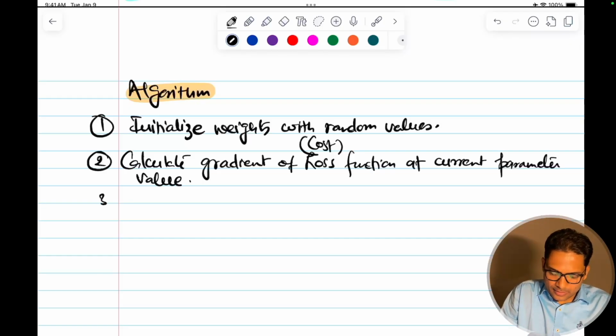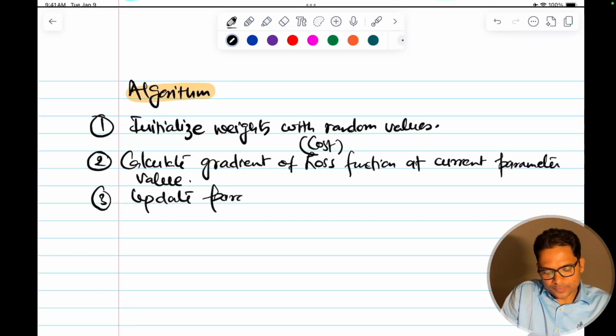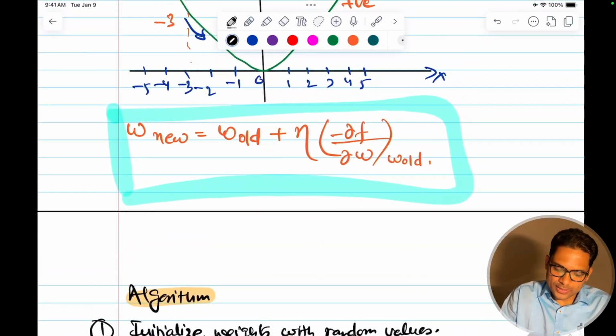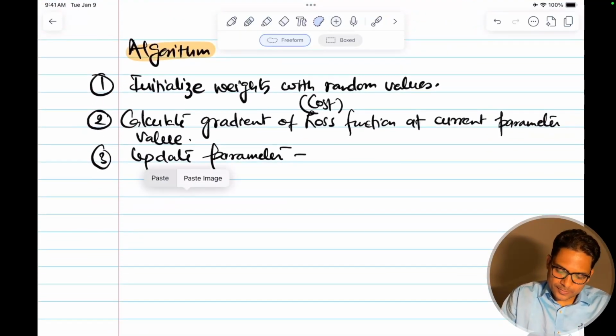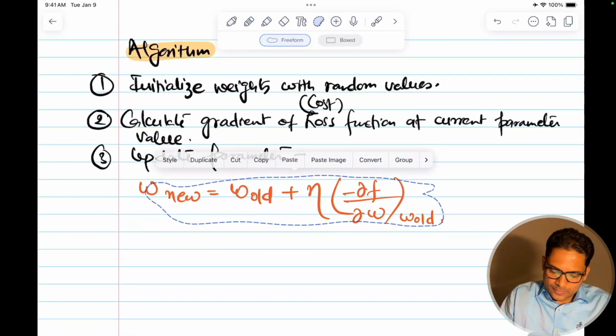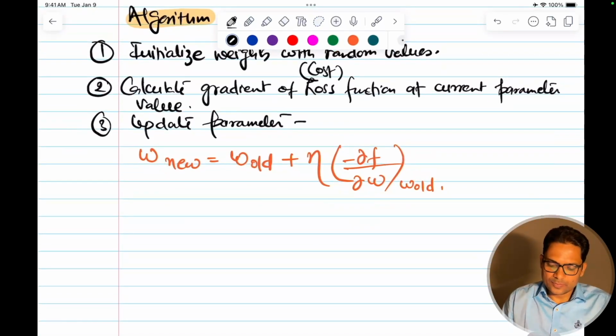And the third one is update the parameter. How will you update the parameter? Using this formula. And then you have got this.